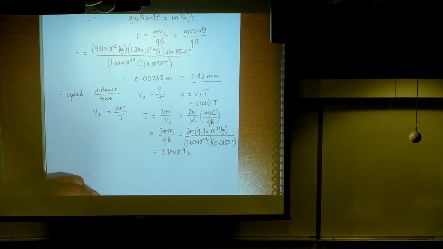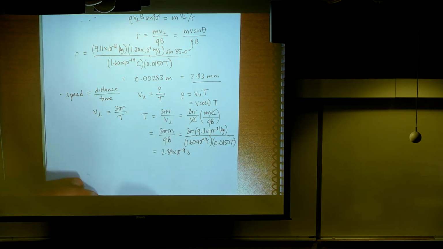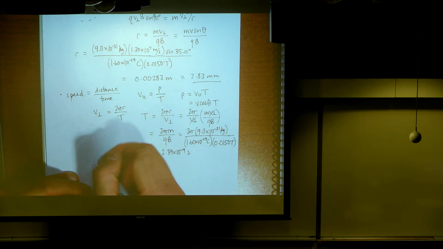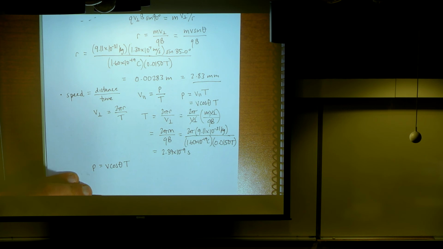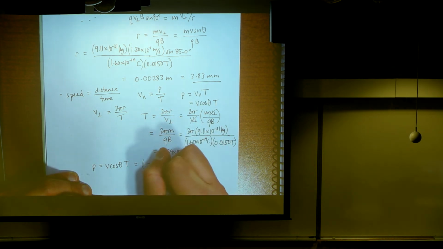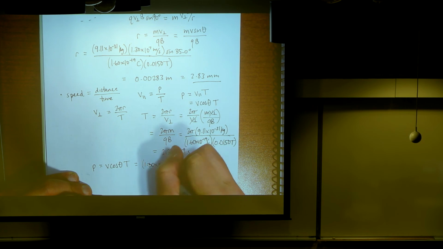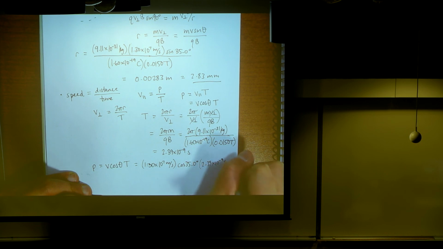All right, so now we can plug that in to find the pitch distance, okay? Pitch distance P is, I'm going to just write it again, V cos theta times T, okay? That's what we're doing. Where V is 1.30 times 10 to the 7 meters per second, cosine 35, and then T is 2.39 times 10 to the minus 9 seconds.